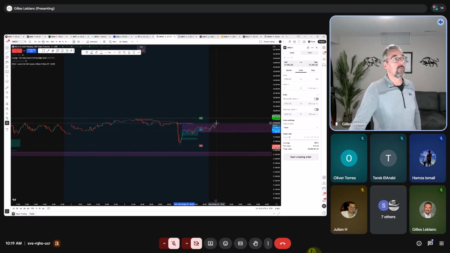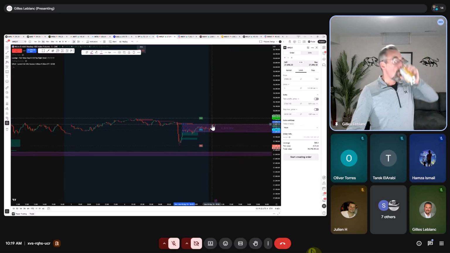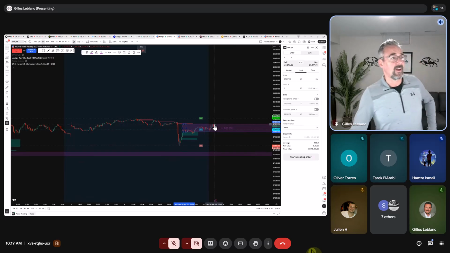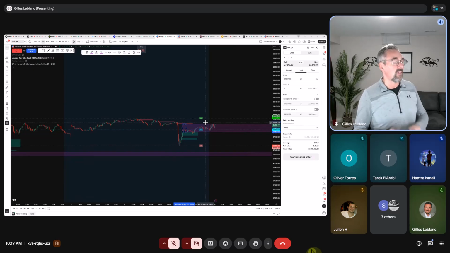Same thing, I'm looking for the break and retest, which is what I'm looking for with the Fib 50 strategy. Fib 50, or actually that's an oxymoron, because there's no such thing as a 50% retracement in Fibs.